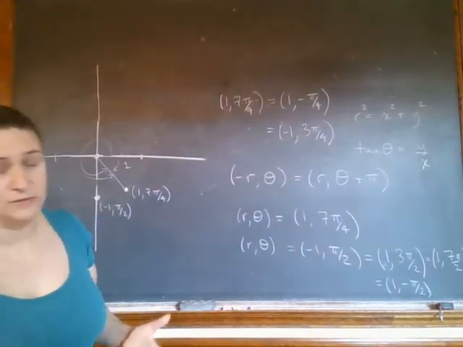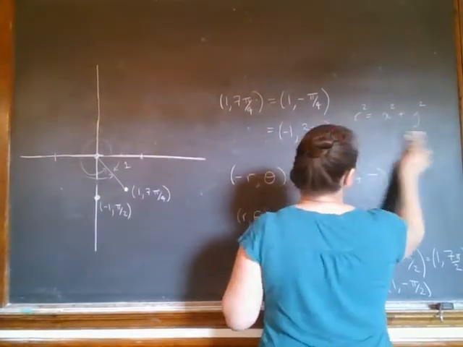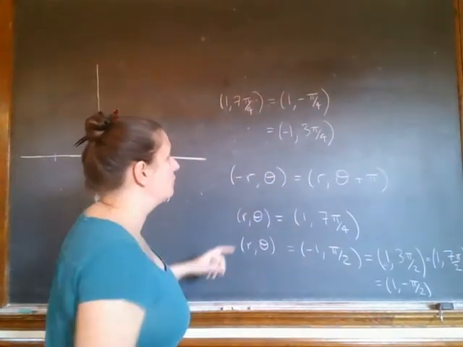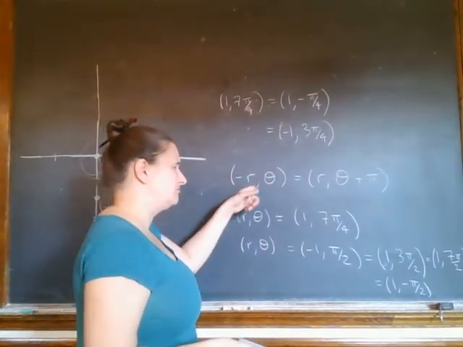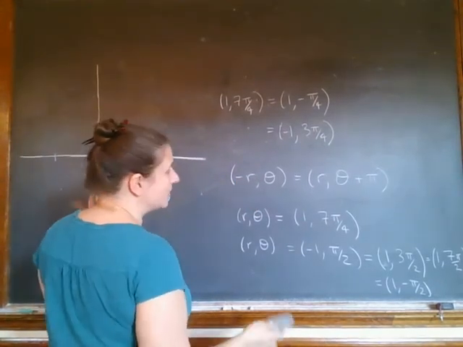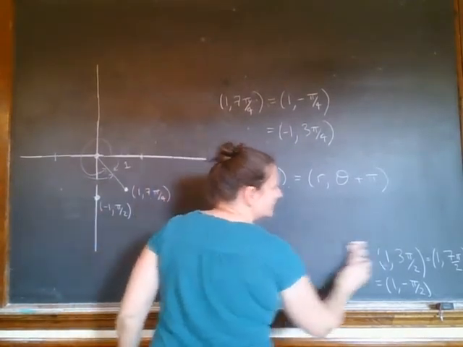Or theta minus pi if you want to do it that way too. So that is one thing you can always do if you want to just memorize that so you don't have to think about going and drawing it. Myself, I draw it because I forget things.